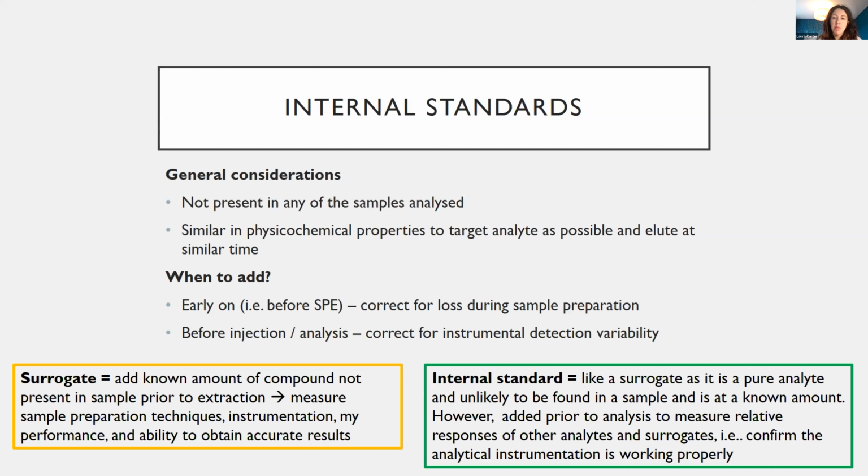An important point, I guess, this brings me to is the discussion around the terminology of internal standard, surrogates, external standard. And I think that the nomenclature around internal standards is not entirely clear. Different people call these different compounds different things, typically based on when they're added to the analytical process.